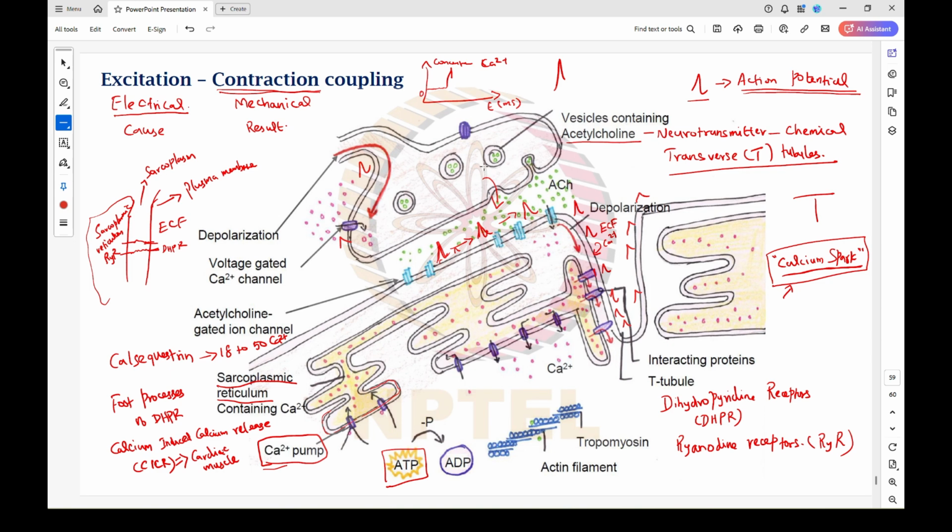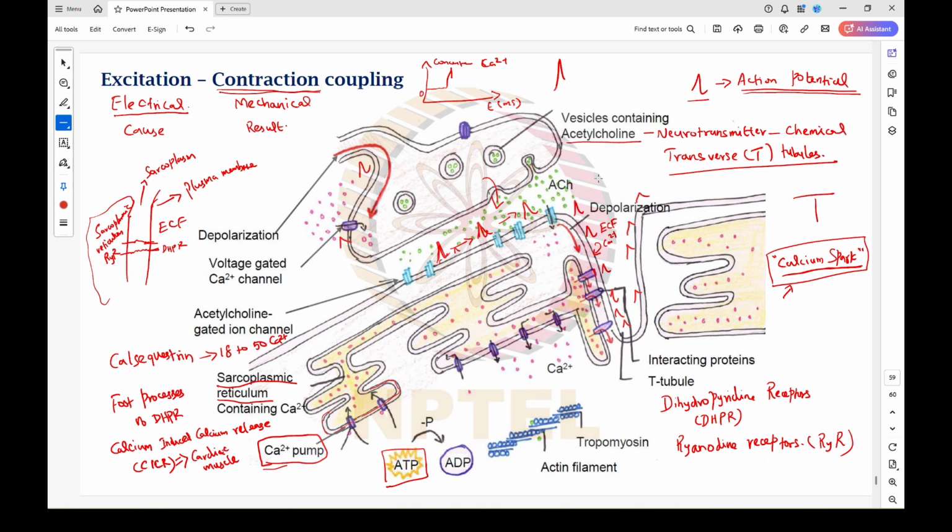There are vesicles in the synapse which will get released to the neuromuscular junction, and within the muscle cell there are receptors sensitive to acetylcholine.